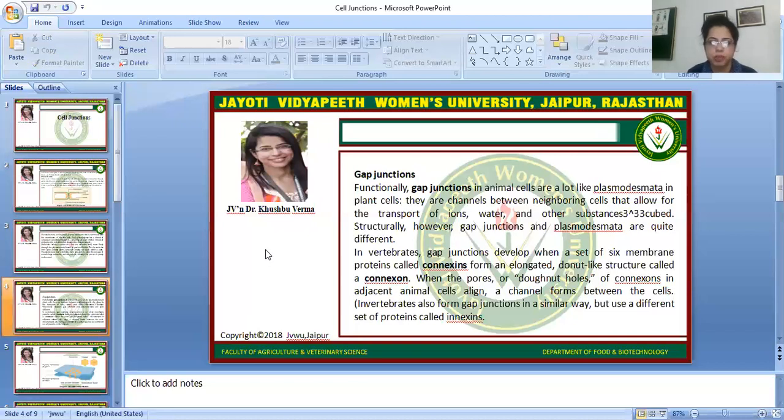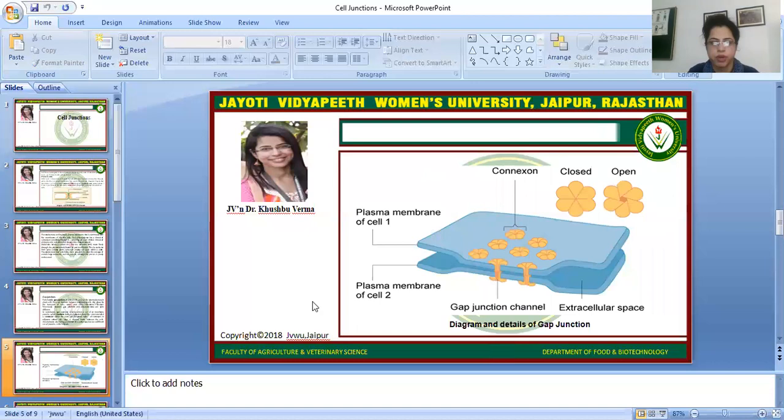This kind of arrangement is present in vertebrates, but invertebrates also form gap junctions in a similar way, though they use a different set of proteins called innexins. Here we can see the vertebrate gap junction structure.